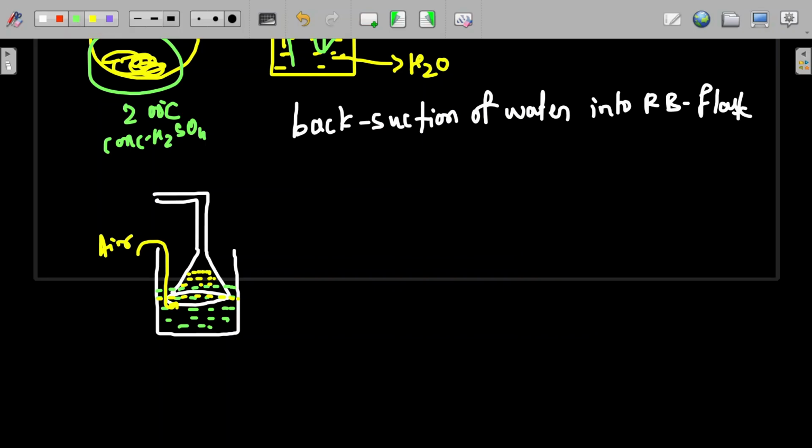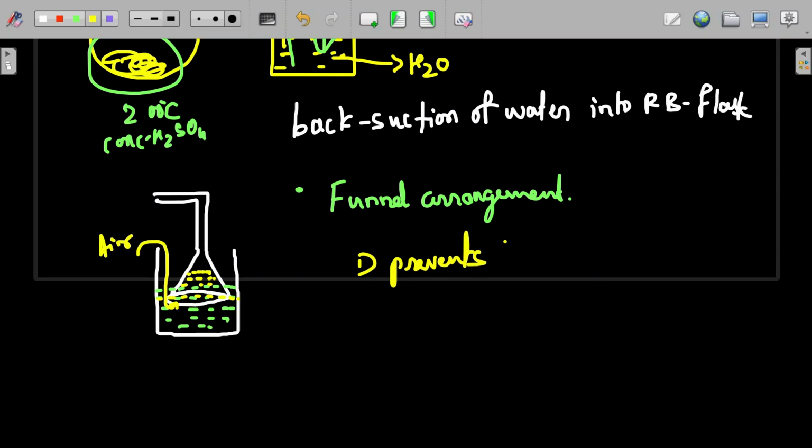So if you don't want to understand all of this, simply remember the points. What arrangement do we use here? We use the funnel arrangement, or you can write inverted funnel arrangement. How does it help? Two points. One, it prevents back suction of water into the RB flask.